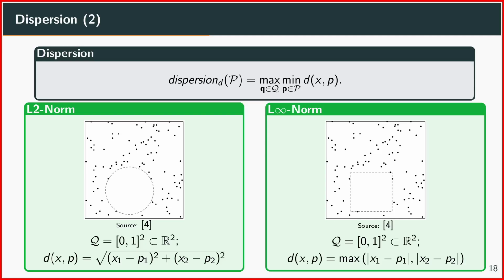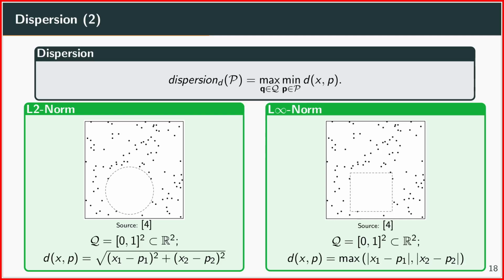This is not only working with the Euclidean distance metric, but you can also use L1 here, this box-like distance metric, where all the points on the box here are equally far apart from the center point. But you see, regardless of the metric, you get pretty similar results.